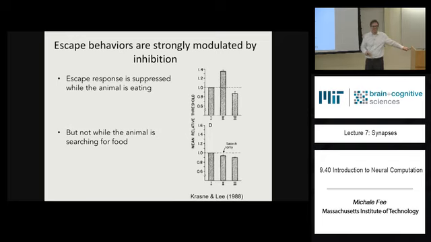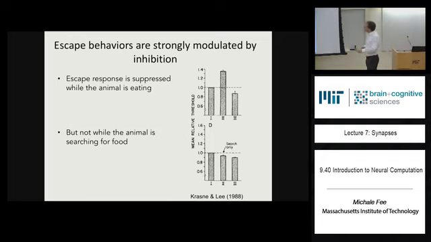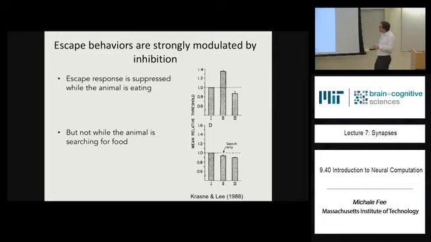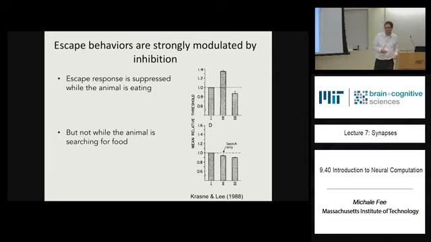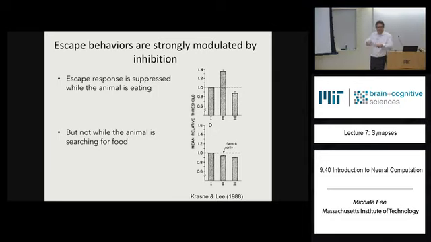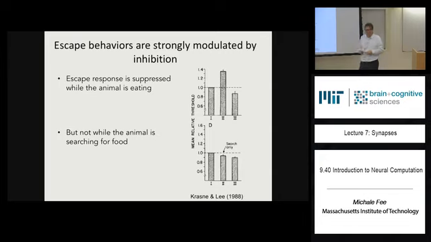Leave me alone, okay? It's not just being hungry, right? Because if he's hungry and searching for food, there's no increased threshold. So it's really because he's eating, he's found a food source, he doesn't want to leave it, so there's a higher threshold, he won't leave until there's more danger, okay?